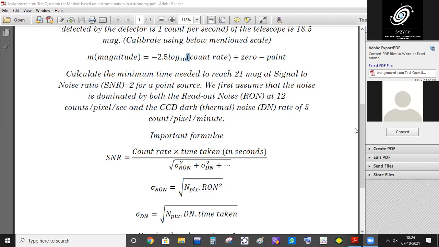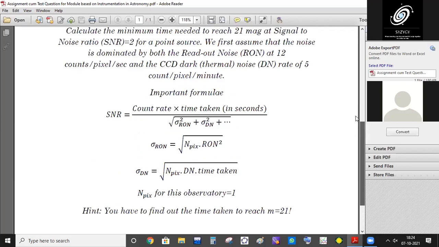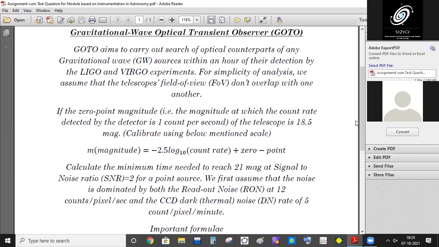I have shared the outline of the problem with you. In this, n pixel for this observatory is 1. I have shared how to solve this problem. Now, can you put in the values and solve it and share your answers on the group? I guess you can do that exercise.